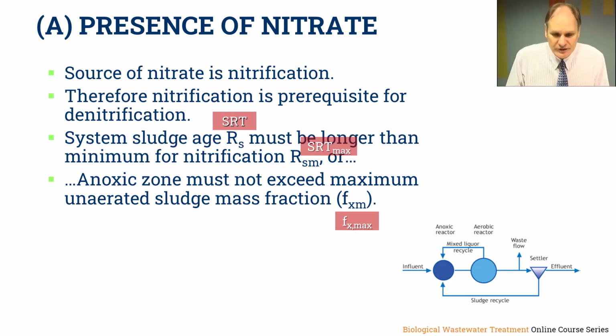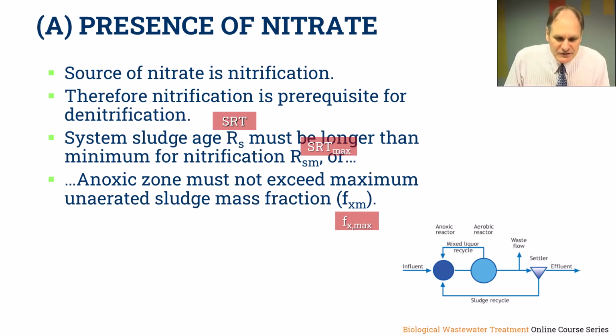Or alternatively, if a certain sludge age is already imposed on the system, we must ensure that this anoxic zone does not exceed the maximum unaerated sludge mass fraction that would prevent the nitrifiers from growing in the activated sludge reactor.